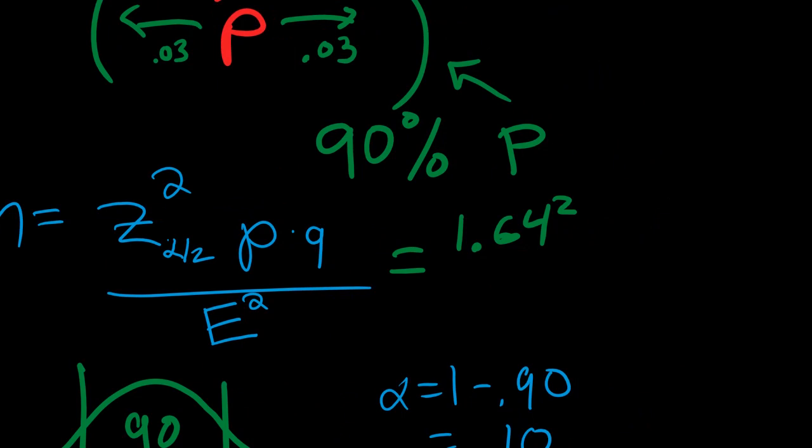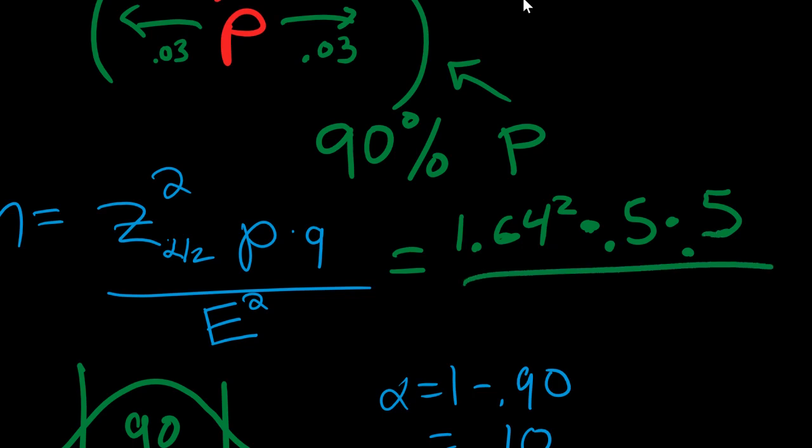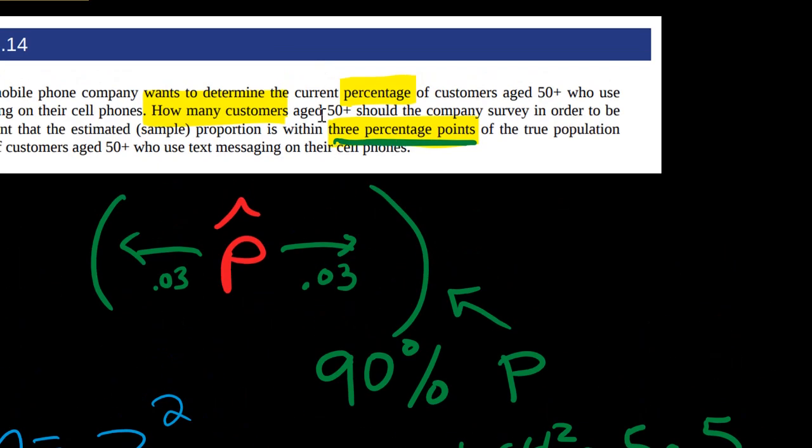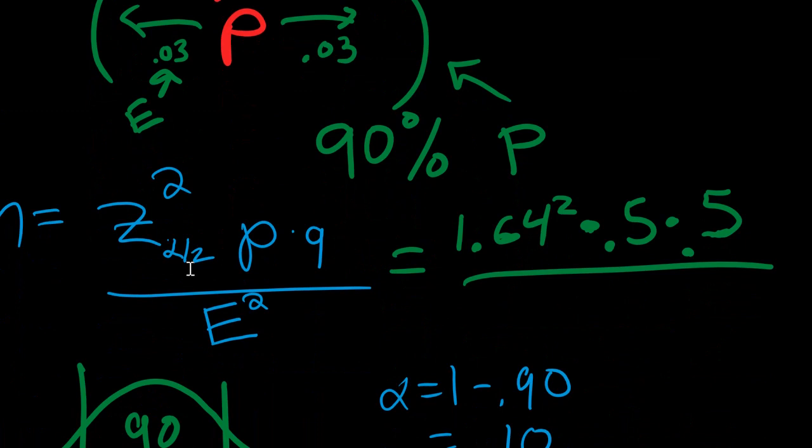So P would be times 0.5, times 1 minus 0.5 is Q, so that's times another 0.5. Okay? All right, all that over E. What's E? E is our margin of error, right? And they want the sample proportion to be within 3 percentage points of the true population proportion. So this is E here, 0.03. So let me put that down here, 0.03, and E is also squared.